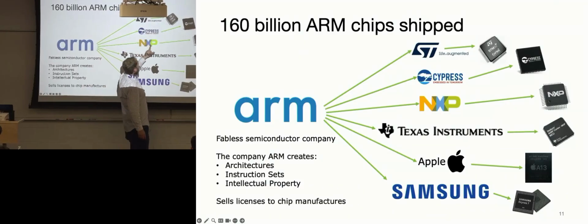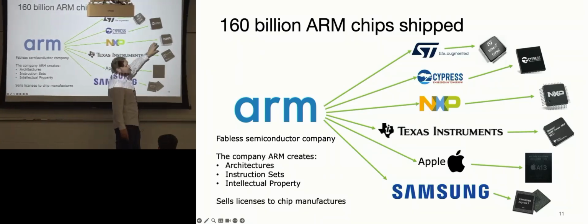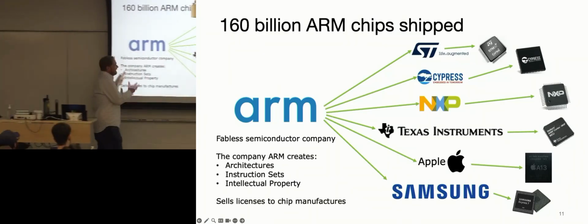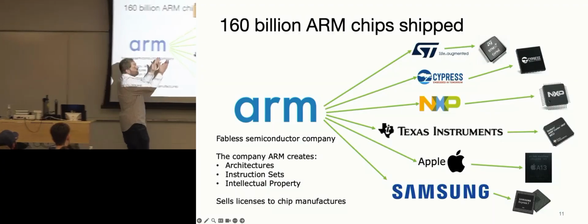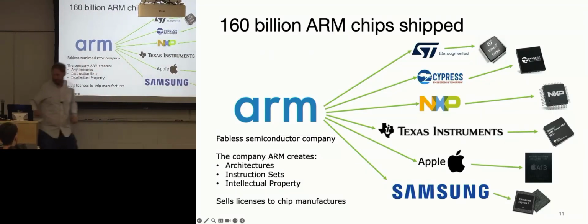It's just that now ARM doesn't know how NXP is going to specialize their chip. ARM doesn't want to make an ISA specifically for NXP. They have to make one that everybody's going to use.